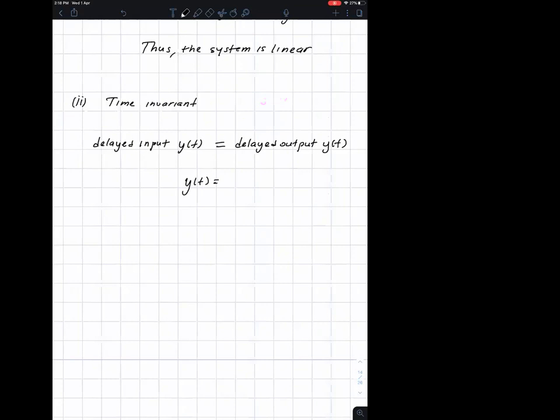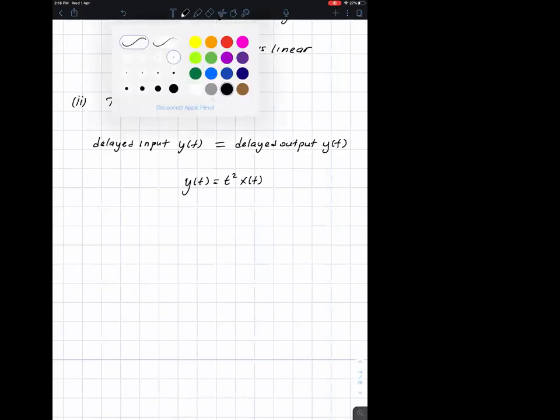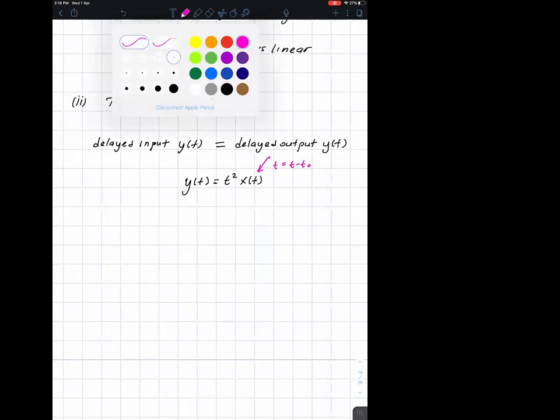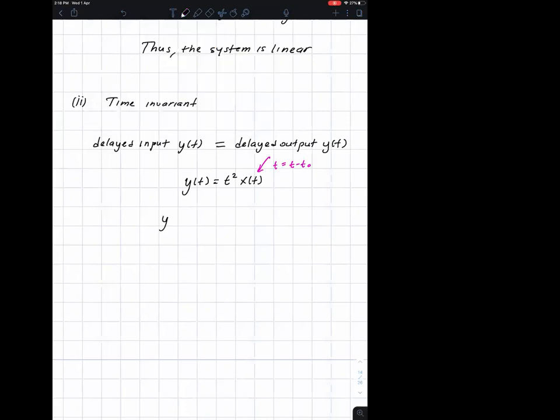If I delay the input, on the left hand side, I'm going to delay the input, and that means I'm going to delay this part. I'm going to replace t with t minus t naught, only this t and this t.